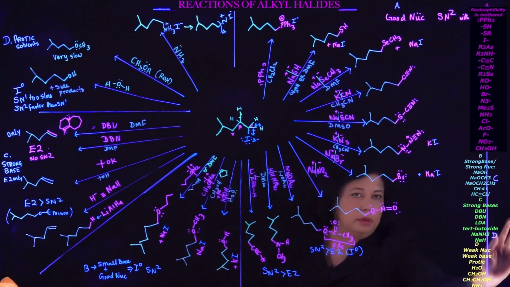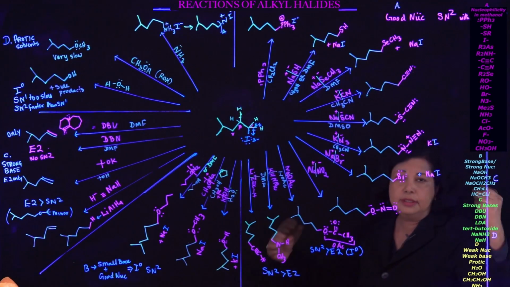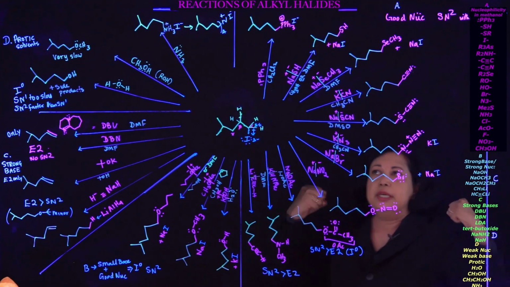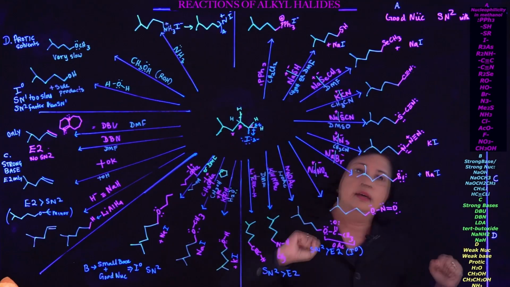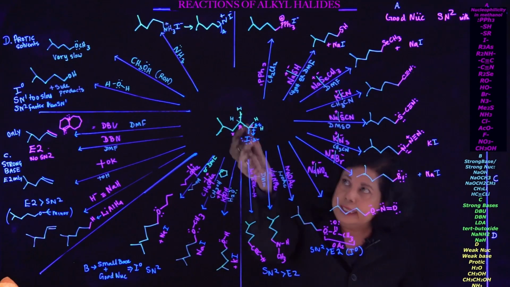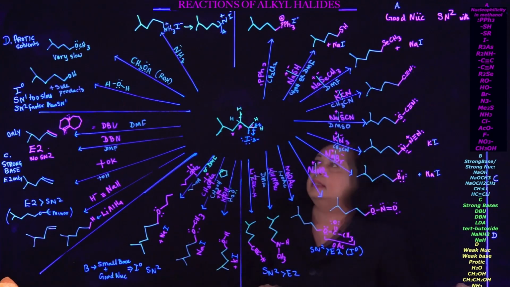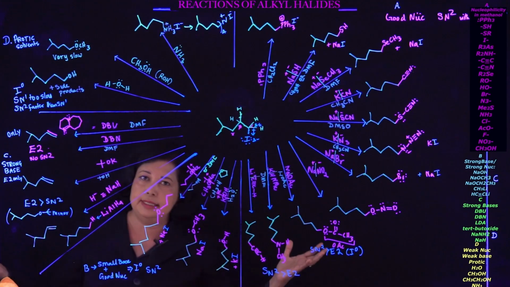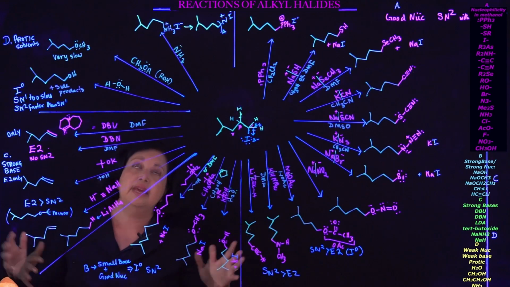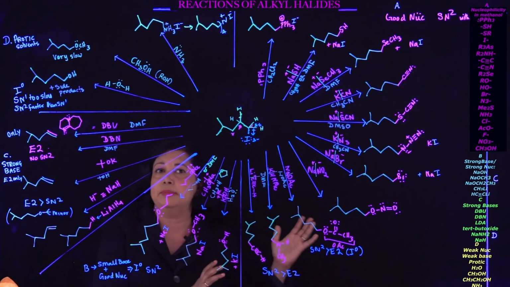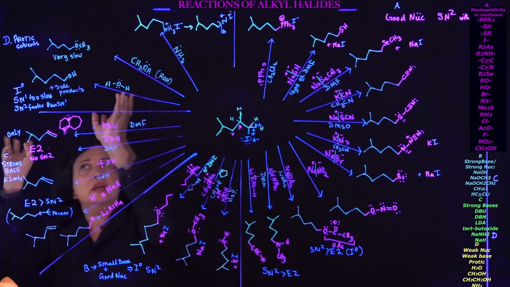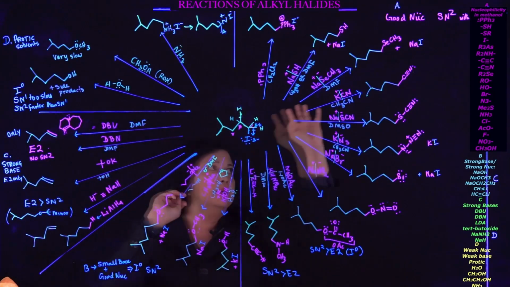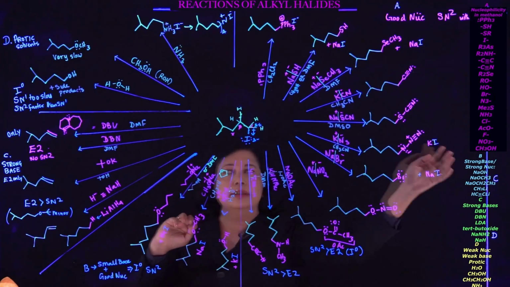These are protic solvents. They don't have the muscle to kick out the iodine in one step or do an E2 in one step. They are typically solvents, and they do hydrolysis or solvolysis. And these happen in multiple steps, and they are slower than their counterparts here.